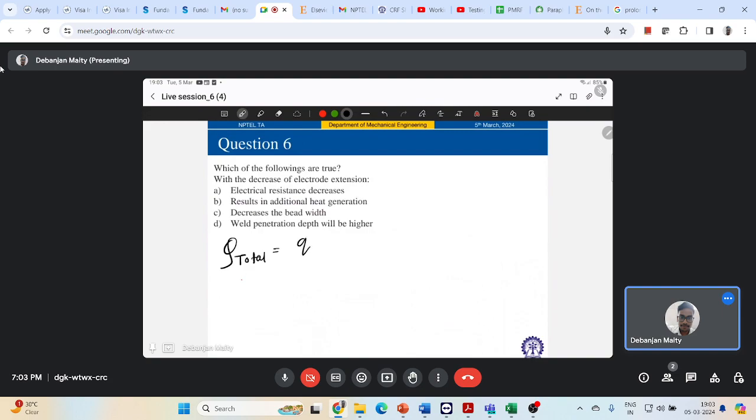so my Q total will always be equal to the heat input to melt the base metal, if you have some flux or some electrode which is getting melted, that heat, then you can have this convection, radiation, and what else?